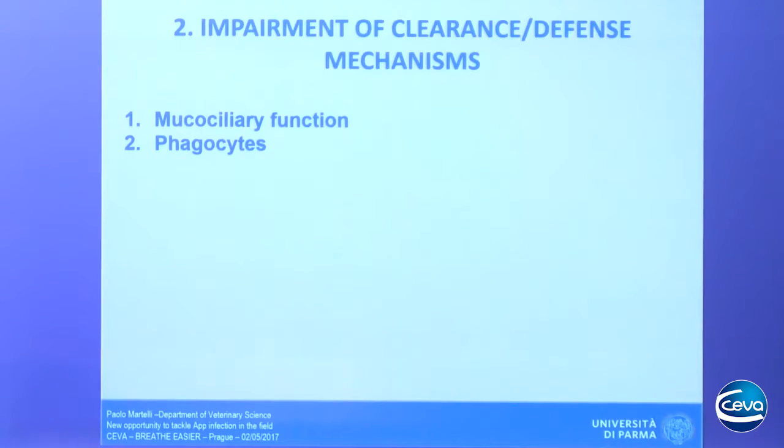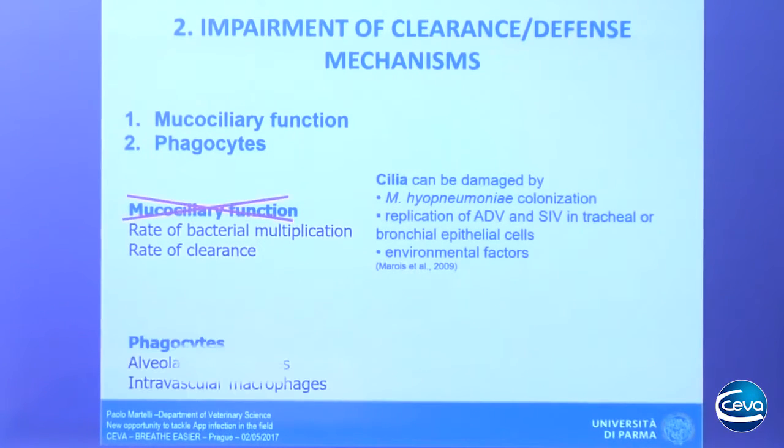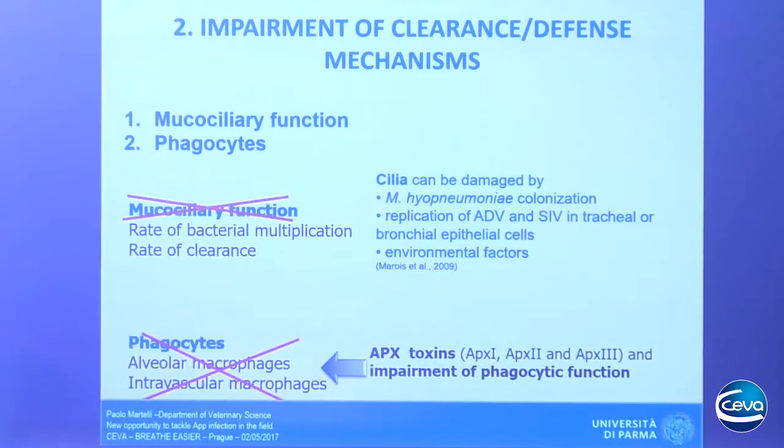And the second defense mechanism is phagocytosis. The mucociliary function as well as the phagocytosis are impaired by Actinobacillus pleuropneumoniae.